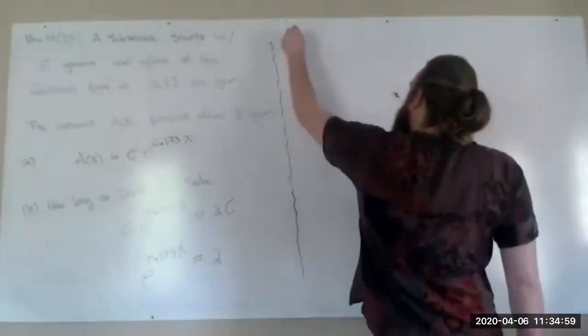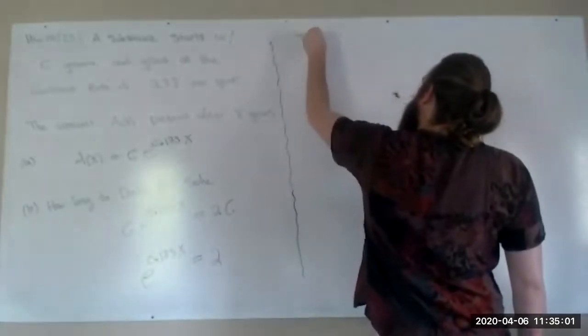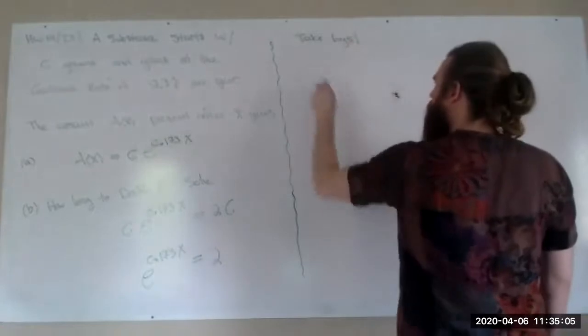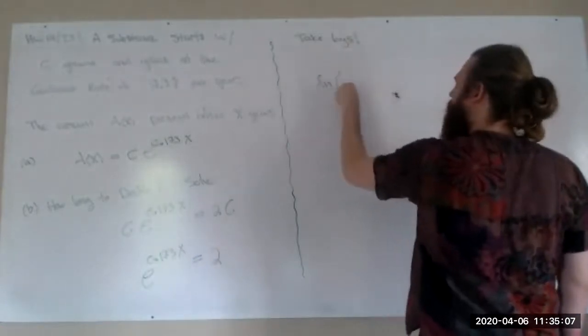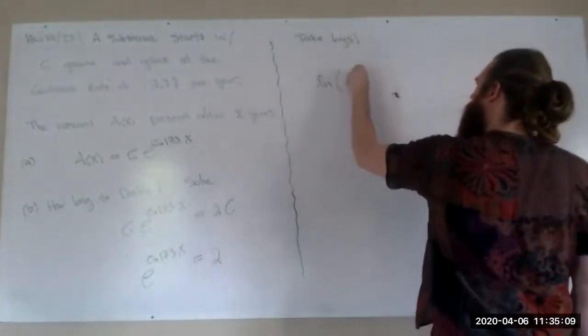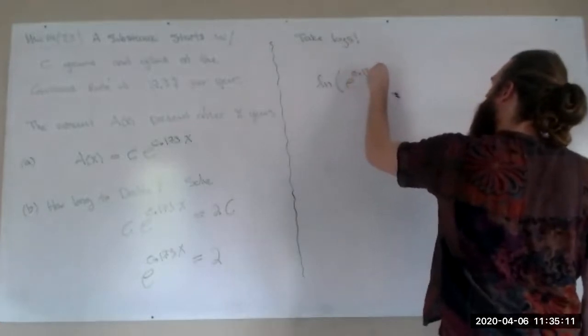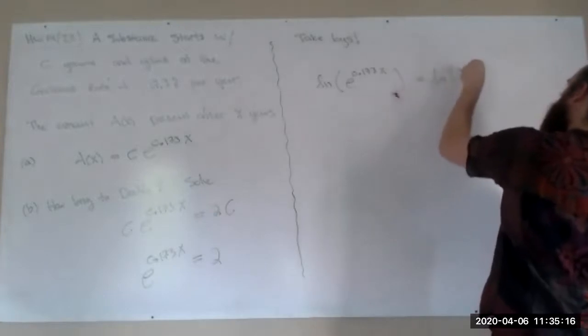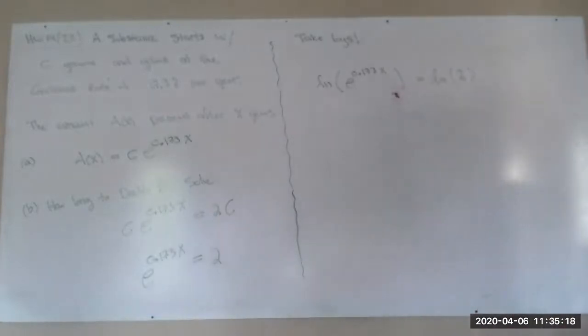I'm going to take ln of both sides. So I get the ln of e raised to the 0.173x equals the ln of 2. Taking logs just means put both sides inside a logarithm, just like taking square roots on both sides.